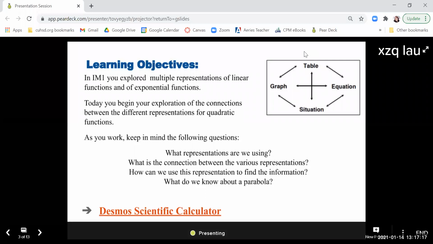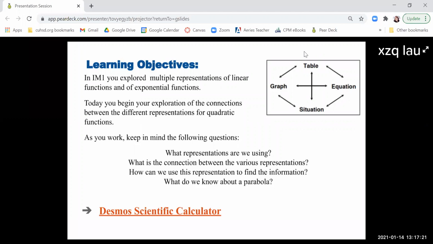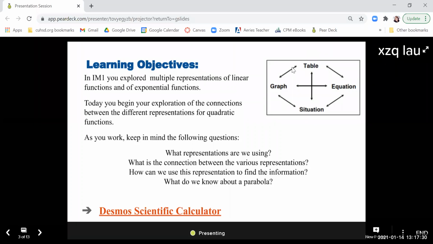All right, so technical difficulties. I don't know what happened with the slides not showing up. So anyway, back to this. Again, our learning objectives are to connect these four representations of quadratic functions interchangeably: graph, equation, table, situation, how they connect, in what orders, that kind of thing.